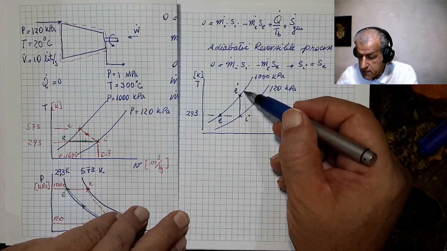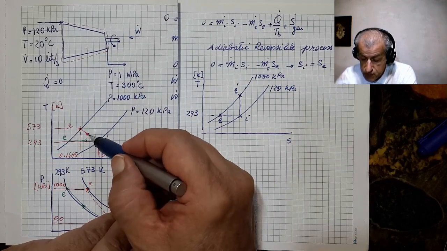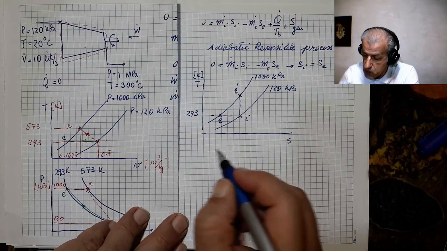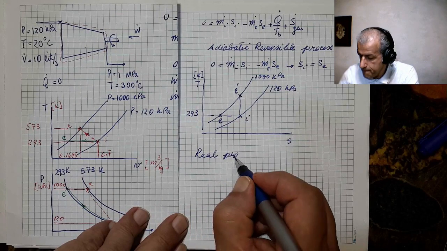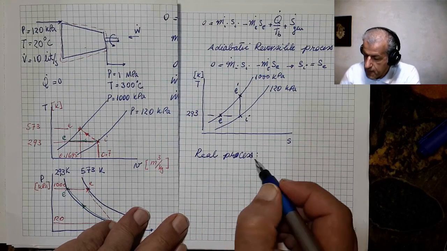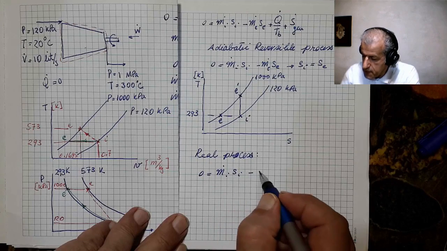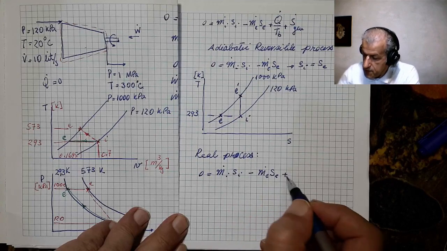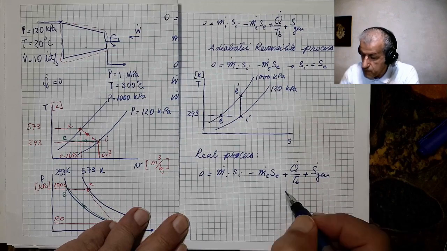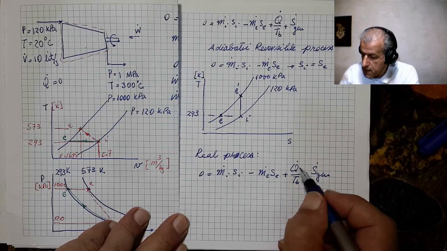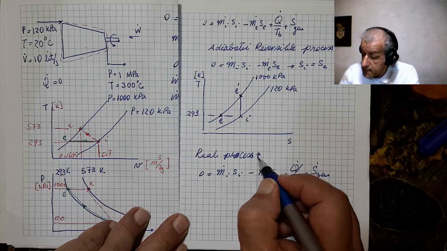If we write down this equation for a real process, 0 equals m dot i s_i minus m dot e s_e plus Q dot over T_b plus S dot gen, and for a real adiabatic process, this term vanishes.